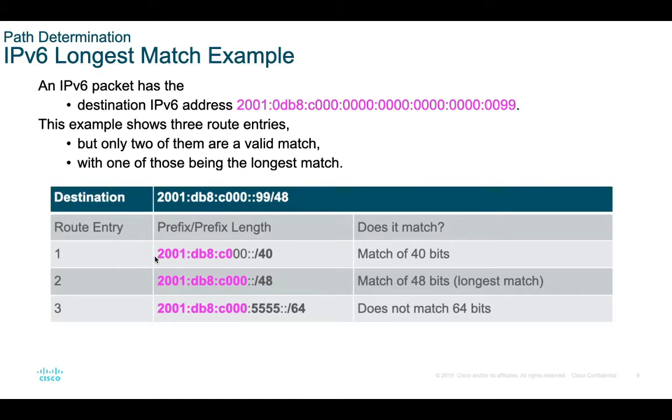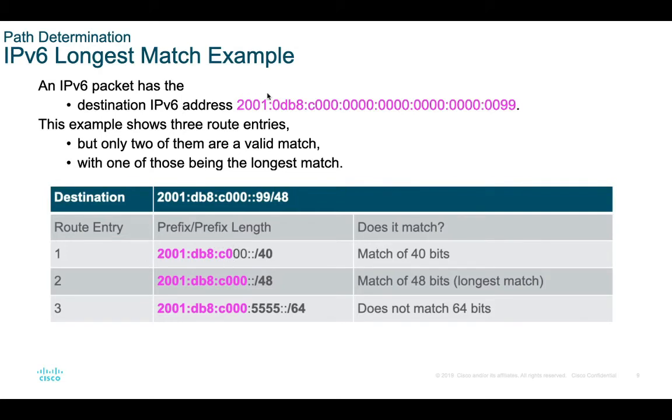First, we have 2001:db8:C000::/40. Even though our network, you can see here, is 2001:db8:C000::, our network ID is just up to 2001:db8:C0 only, because our prefix is /40. So our network ID is the first 40 bits here.